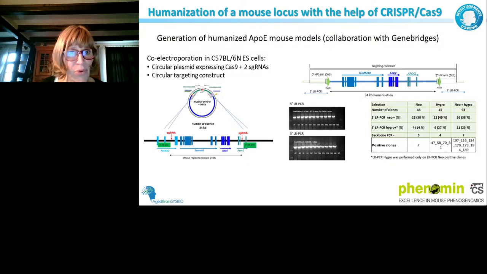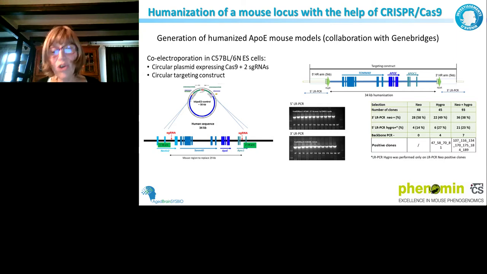Everything that is in blue on the circular construct here is human, and you can see in green the homology arms, and they are here. And we cloned into a CRISPR plasmid the 2 guide RNAs that were located at the sites of the insertion we wanted to do.